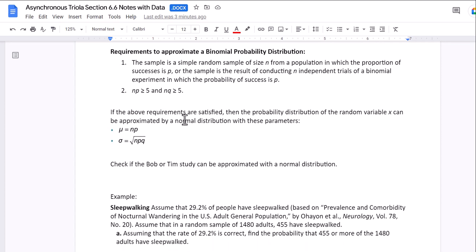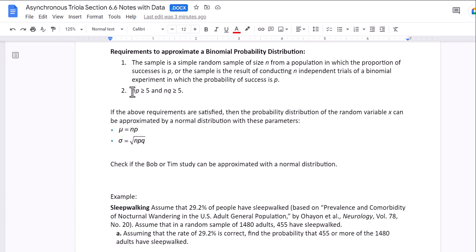So now, if it is binomial and it can be approximated with a normal distribution, this has to happen. NP is greater than 5 and NQ is greater than 5. When that happens, then we can say the mean is N times P and the standard deviation is the square root of NPQ.